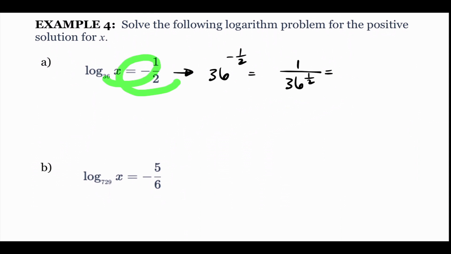What does the 1 mean? What does the 2 mean? 1 is the exponent, so 36, and it's the square root. Square root of 36. The square root of 36 is 6. Done.